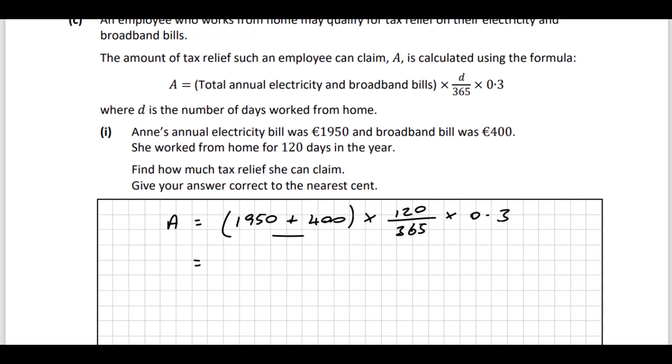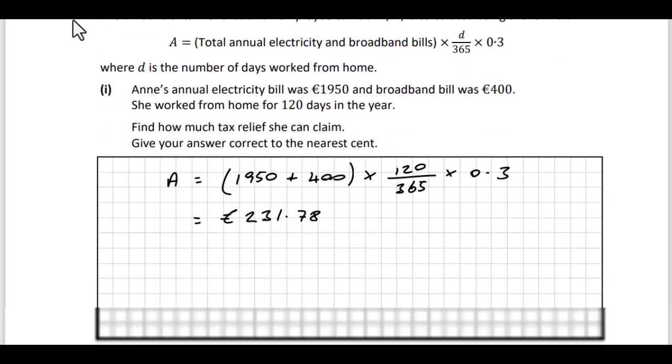So again, just do what's in the bracket first and multiply by 120 over 365, multiply by 0.3, and you should get 231.78 euros. That's how much tax relief she can claim.